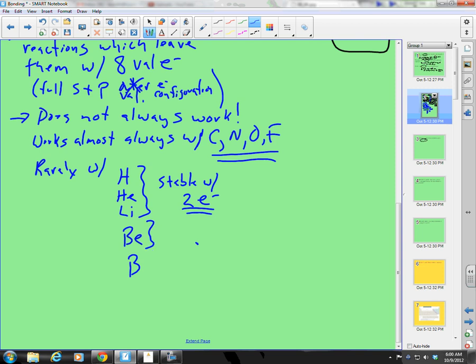Beryllium becomes stable with 4 electrons, and boron becomes stable usually with 6 electrons. That means these guys will undergo reactions which leave them not with 8, but with 2, 4, or 6. And then many other elements will be exceptions.